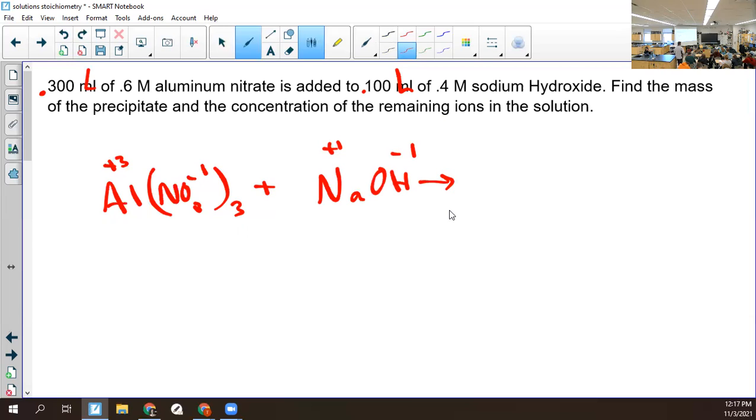Now, this is a super typical precipitate forming reaction where I had something with nitrate that's going to form a precipitate, and I add family 1 metal and the anion, because that's always aqueous. Nitrate's always aqueous. So I have 2 solutions that when they're together make a precipitate. Will you tell your partner what you think the precipitate is?